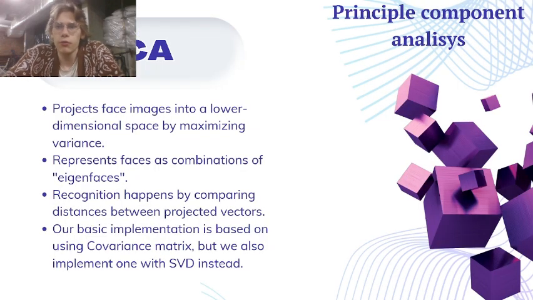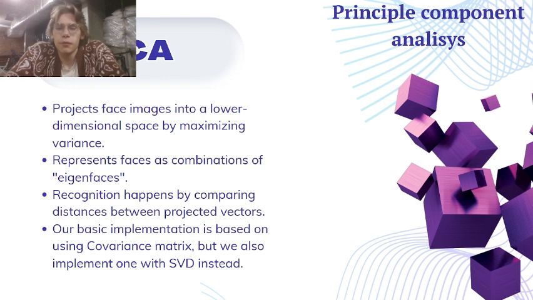So PCA, we already heard about it. It's principal component analysis. It works so that you project face images into a lower dimensional space by maximizing variance. Represent faces as a combination of eigenfaces. Then the recognition happens by comparing distances between projected vectors.